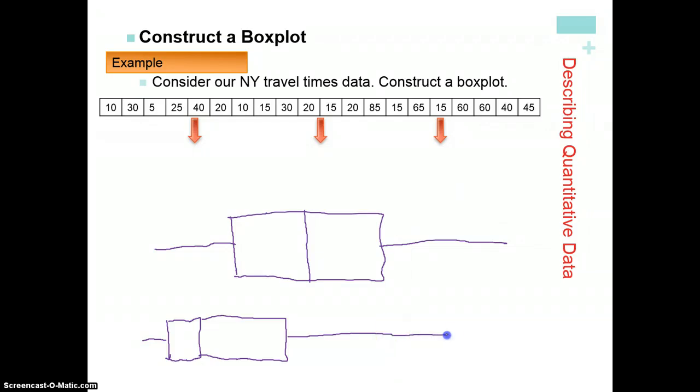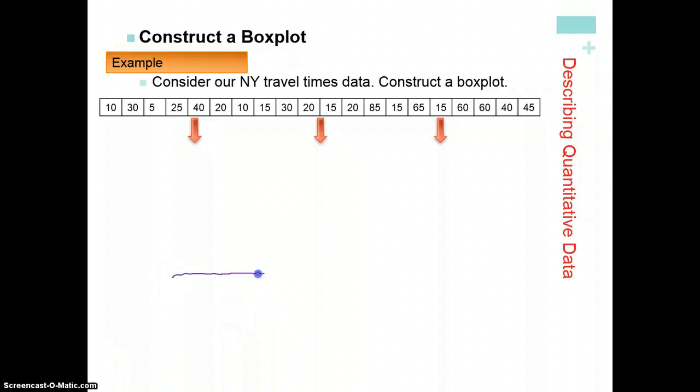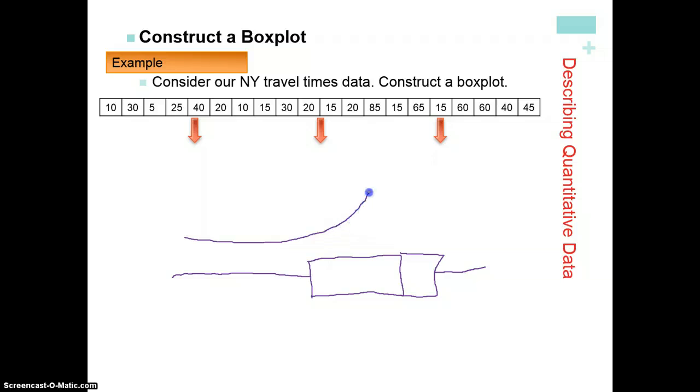And then our skewed left would look something like this, with a lot of data in that first quartile. So this would be skewed to the left, right? The center would be right around there, and there you go.